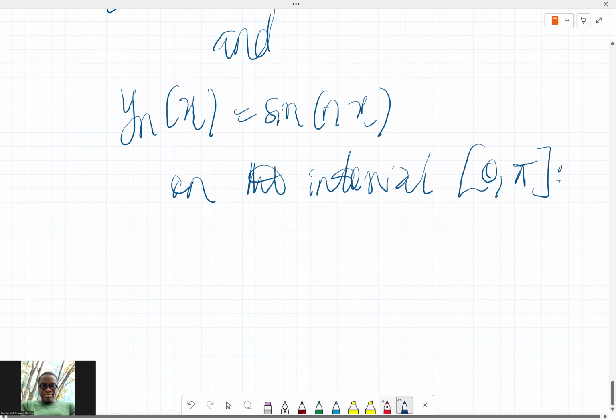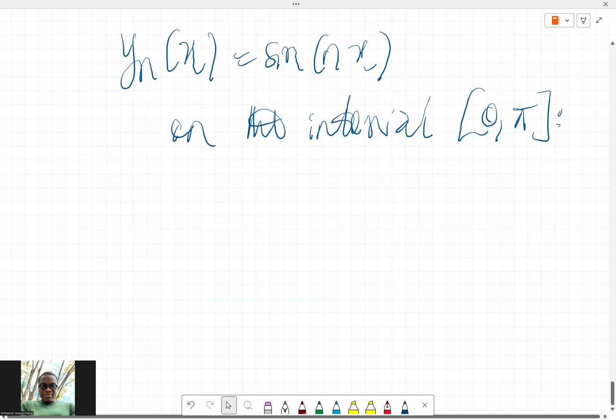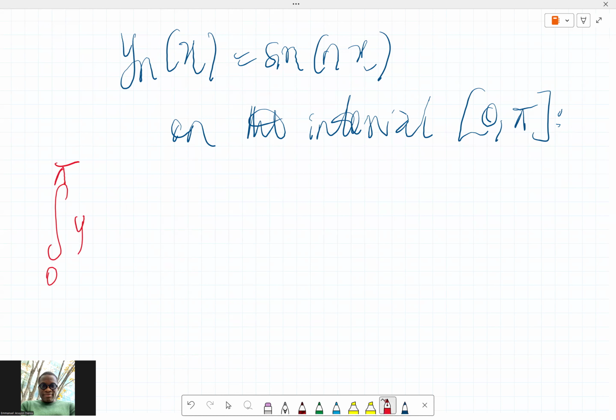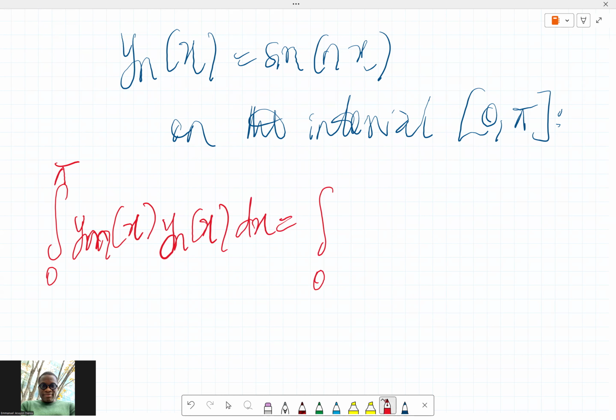So then we have the integral from 0 to pi of y_m of x multiplied by y_n of x dx, which is equal to the integral from 0 to pi of sine mx sine nx dx.